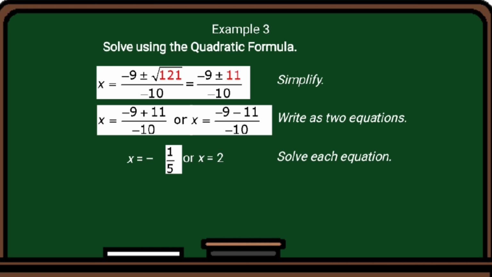Negative 9 plus or minus 11 all over negative 10. Then we're going to write as two equations. X is equal to negative 9 plus 11 all over negative 10. Or x is equal to negative 9 minus 11 all over negative 10. So the value of x is equal to negative 1/5, or x is equal to 2.